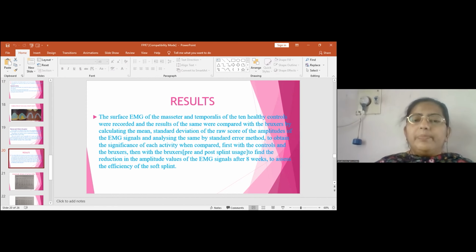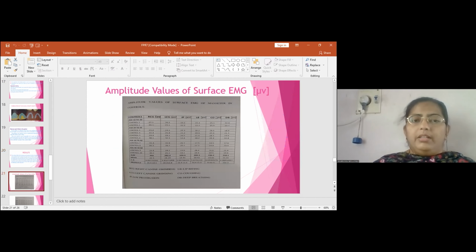After the splint was given and the patients wore it for 8 weeks continuously, there was a significant reduction in the amplitude values of the bruxers, and this was how we evaluated the efficiency of the soft splint. So these are the amplitude values of the surface EMG that we obtained in the controls.